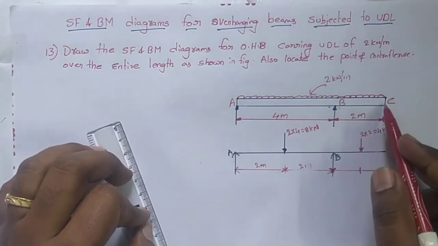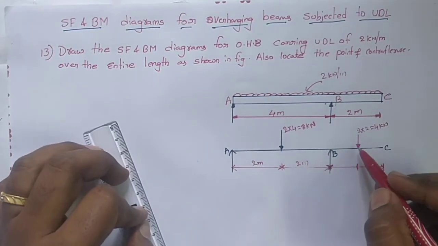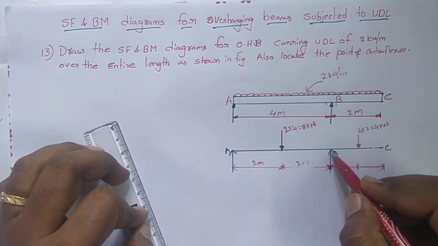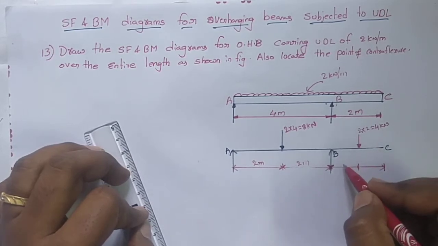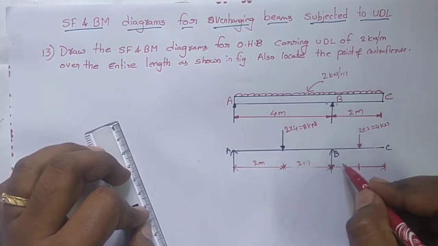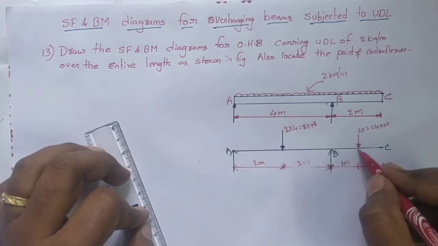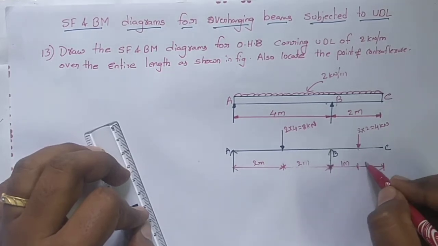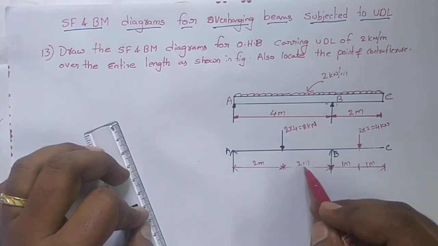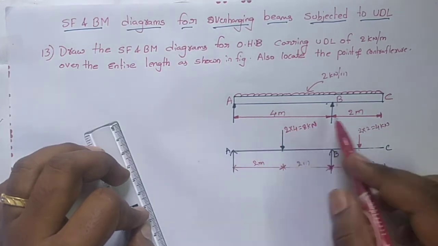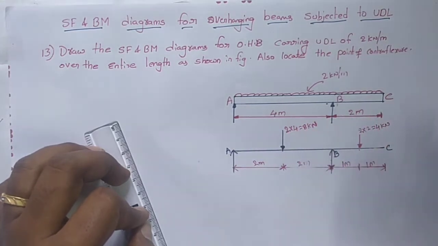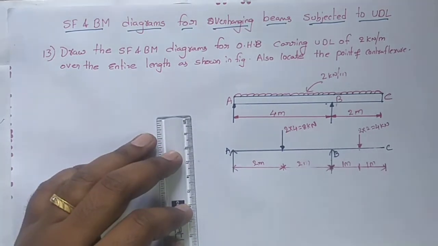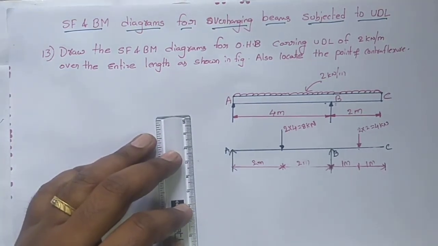From B to C the total distance is 2, and the load acts at the midpoint of BC, so from B to the load the distance is 1 meter, and from the load to point C is 1 meter. Total 2 plus 2 is 4, 5, 6, so the total length of the beam is 6 meters. Now we have converted the UDL load into point loads.